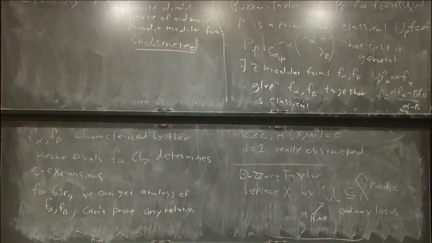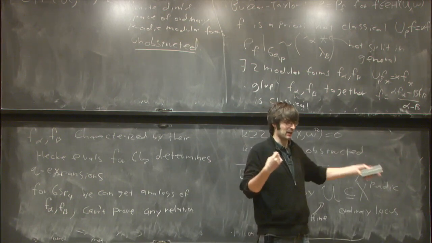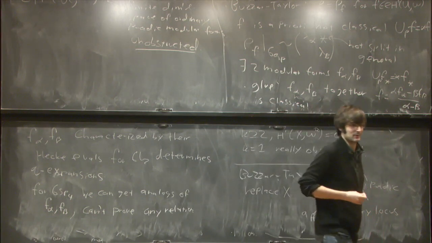Now let's return to the situation of our main theorem, back to GSp4 over F. Calegari-Geraghty give us a strategy for proving the main theorem. And the problem, as I'll explain, is that we can't carry it out at the moment.